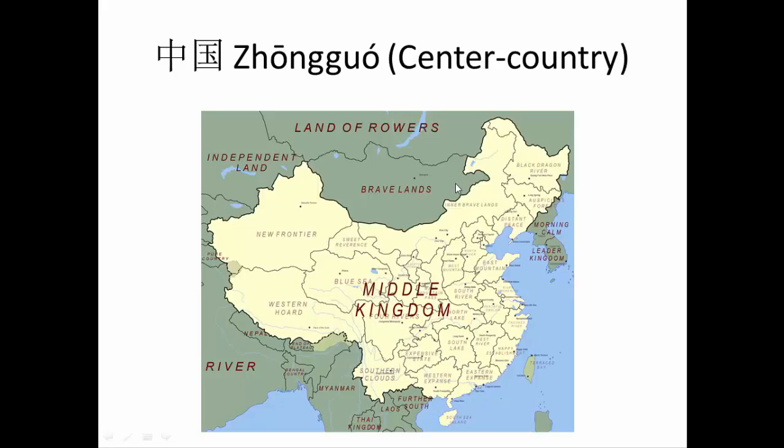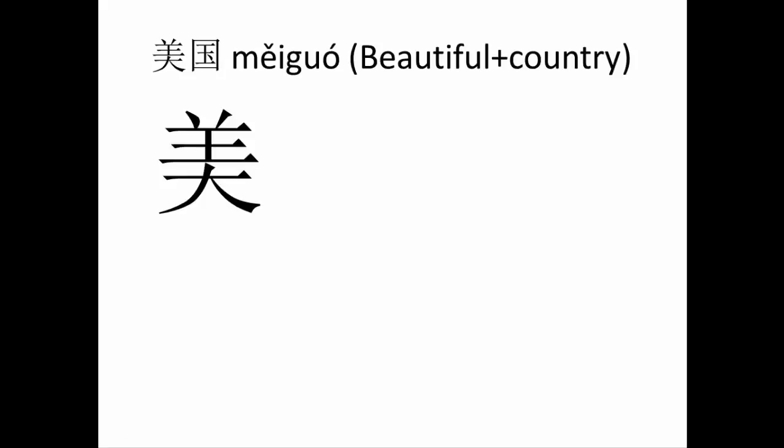The next character you have to copy is zhōng, which means center, because Zhōngguó is China, the Middle Kingdom.